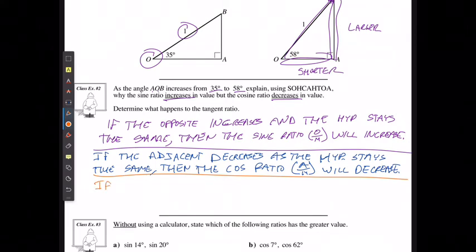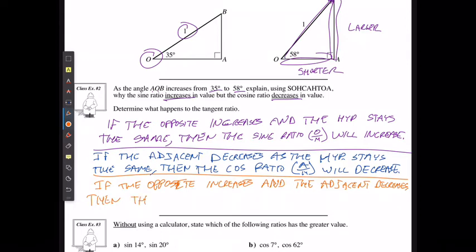And finally, if the opposite increases, and the adjacent decreases, then the tan ratio of opposite over adjacent will increase.